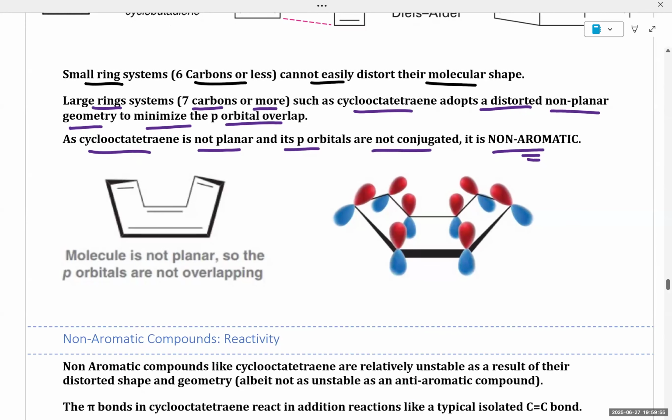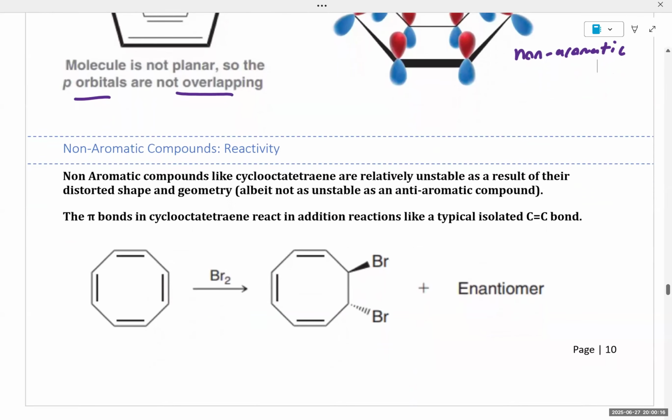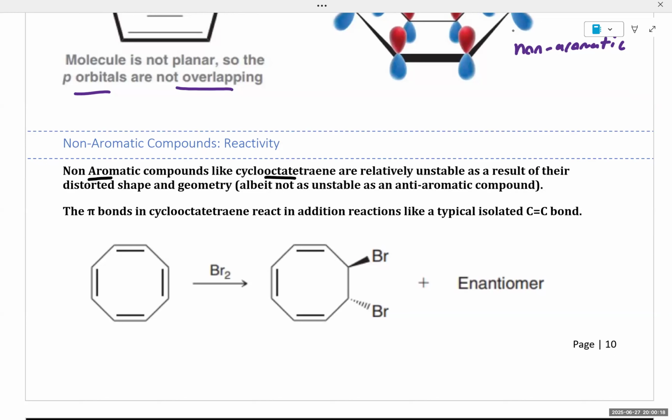As you can see, because this molecule adopts a distorted non-planar geometry, the p orbitals are not conjugated and this molecule is non-aromatic. Now, why do we care about this distinction? Well, non-aromatic compounds like cyclooctatetraene are relatively unstable as a result of their distorted shape and geometry, albeit not as unstable as an antiaromatic compound.